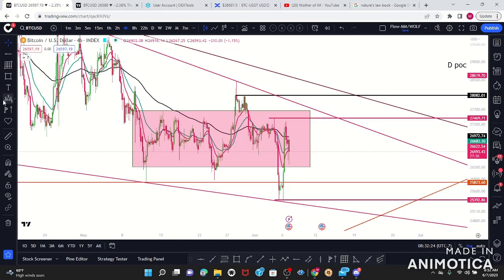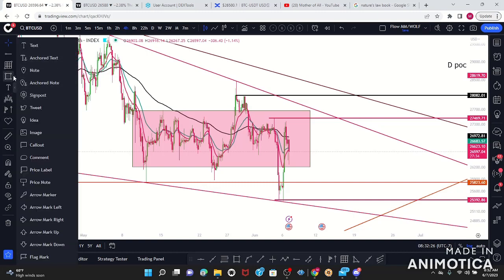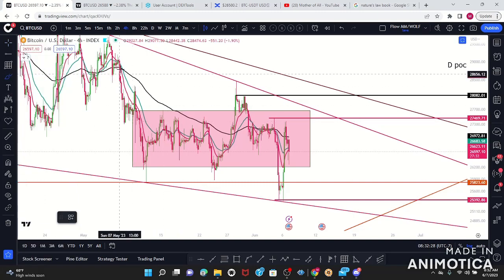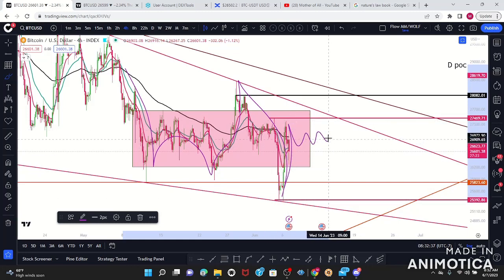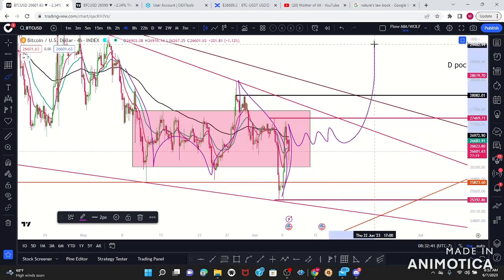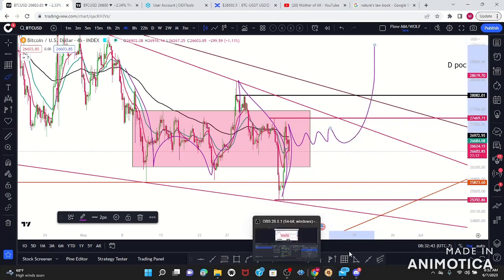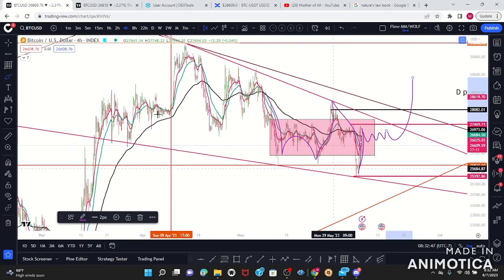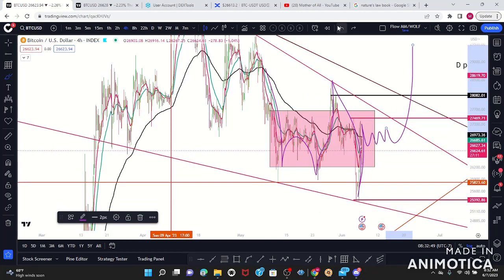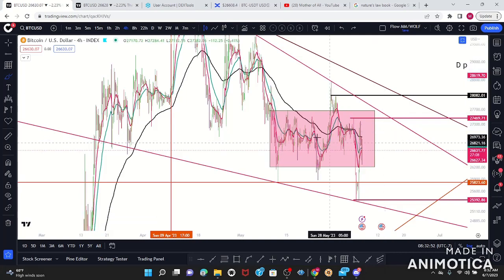Let me draw it out for you so you can see what I'm talking about. It's just a thought I'm having. We had a down movement, we had the ripsaw up, down. So what's not to say we continue to go sideways and then continue to the upside? It would be confluence with this bullish flag, with this falling wedge. That could be a possibility, so I am keeping an eye on that.